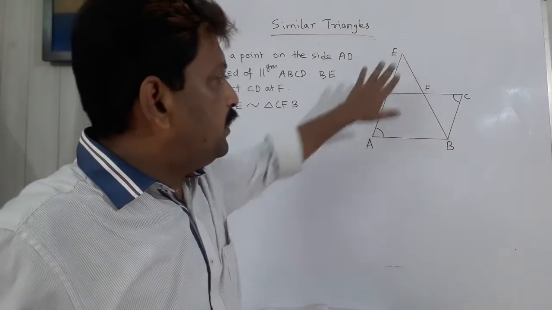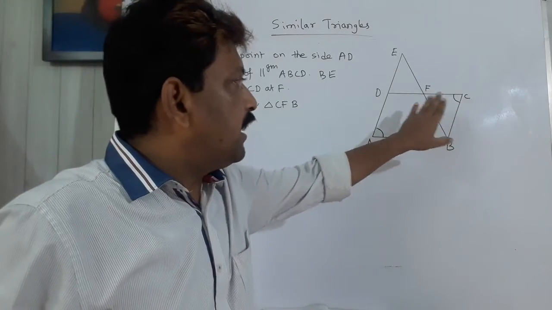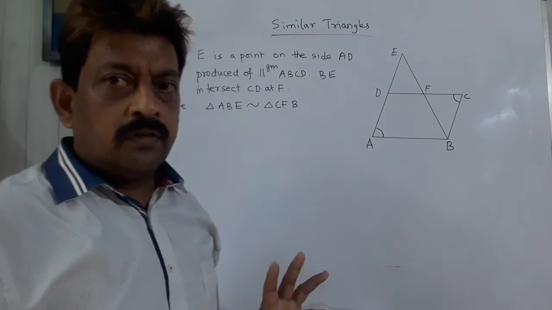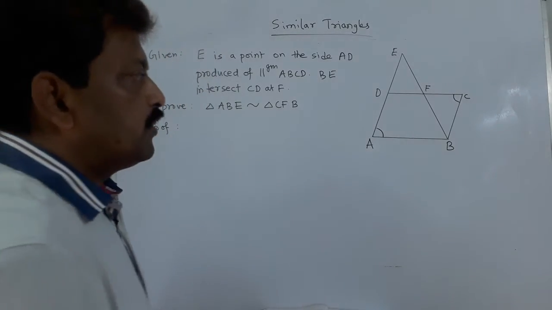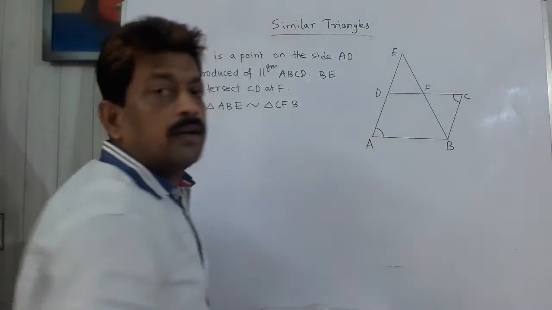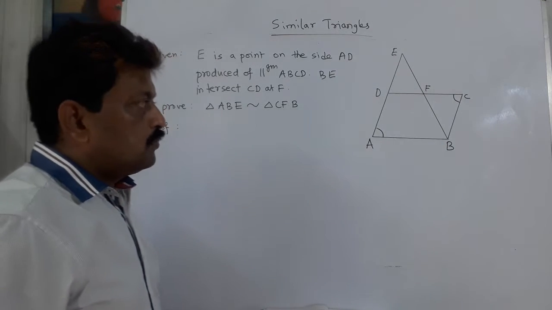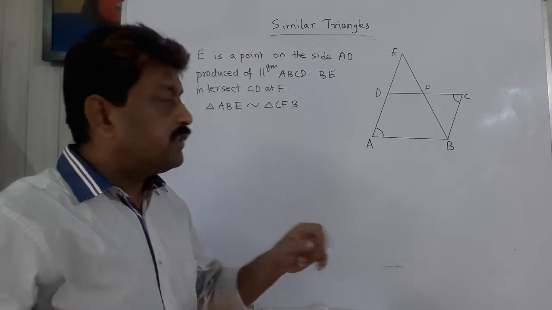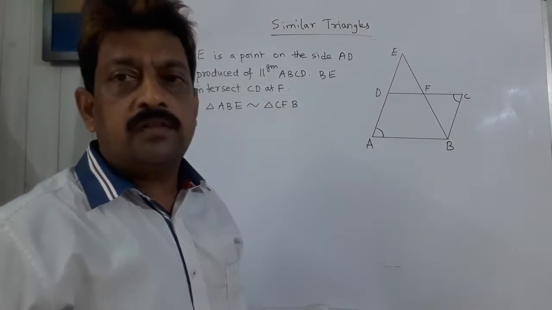Yes, it is very easy because they are opposite angles of parallelogram ABCD. We all know in a parallelogram the opposite angles are equal. So by that criterion, angle A is equal to angle C.